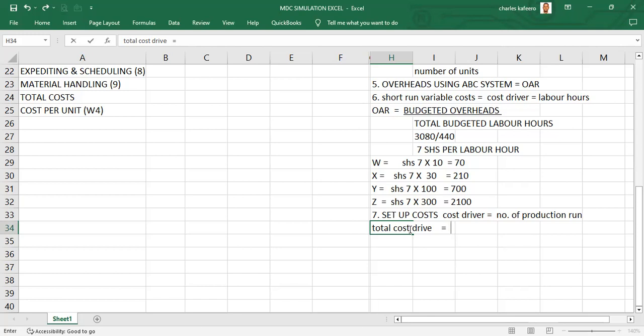If they were per unit, we would have first multiplied the number of production runs by the number of units. But since what we are given is not per unit, we take it the way it is.